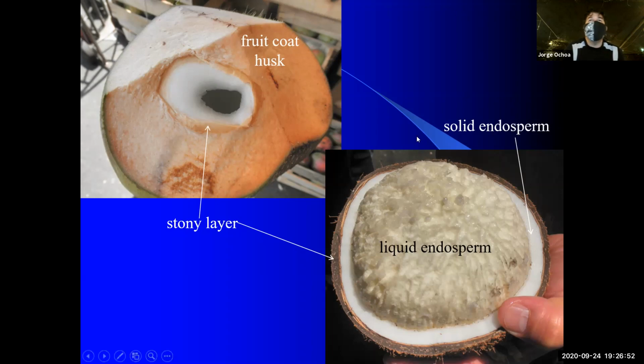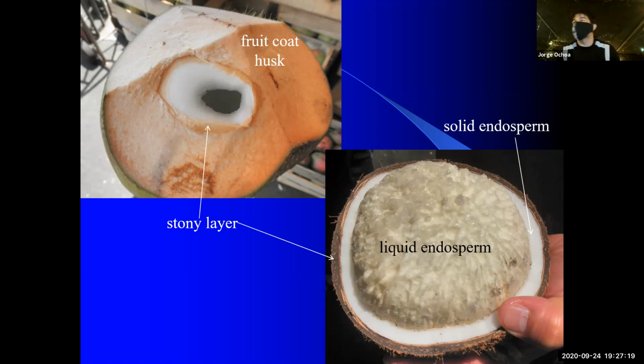Inside, you're going to have the endosperm. Remember the polar nuclei that fused with the second sperm that became the endosperm, which is going to be the energy reserve for the baby plant. In the case of coconut, that is going to be the white meat. That's reserved for the baby plant. The coconuts are also going to have a nice container of water because the embryo needs to drink water when it germinates.